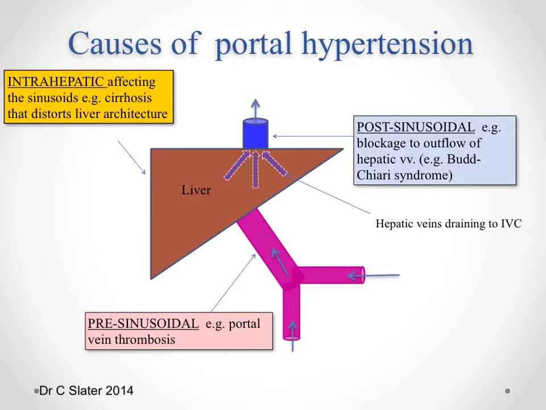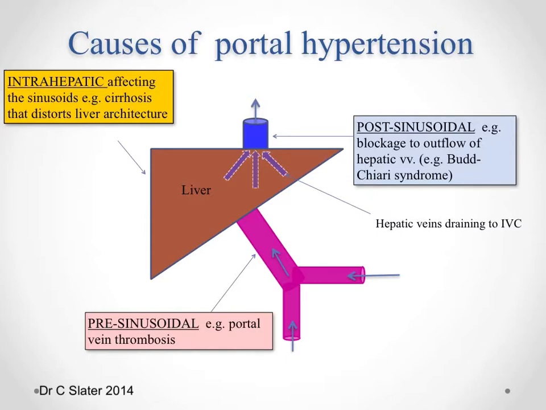There are many causes of portal vein thrombosis, which I'm sure will be tackled with you in your pathology section. The next step that we could look at is the intrahepatic cause of portal hypertension, the commonest being cirrhosis. Of course, there are many causes of cirrhosis, alcohol being one, and a very common one, but there are other causes.